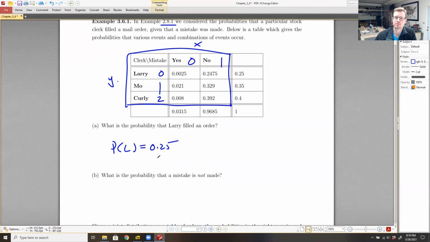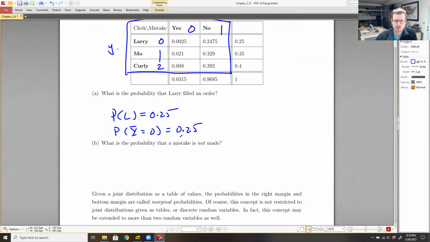So looking at it in terms of random variables, the probability that random variable y is equal to 0 is 0.25, because this represents Larry filling the order. And then what's the probability that a mistake is not made? Well, in the idea of events from back in chapter 2, that would just be the probability that no mistake was made, and it'd be 0.9685.